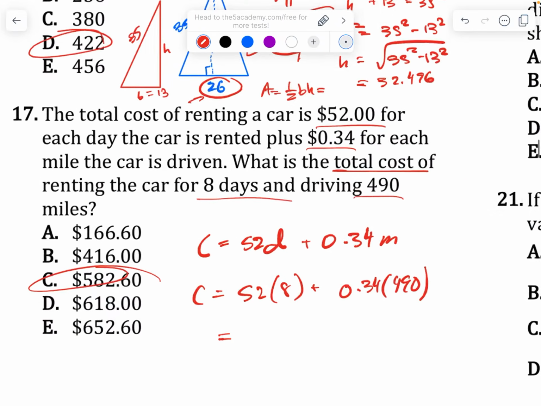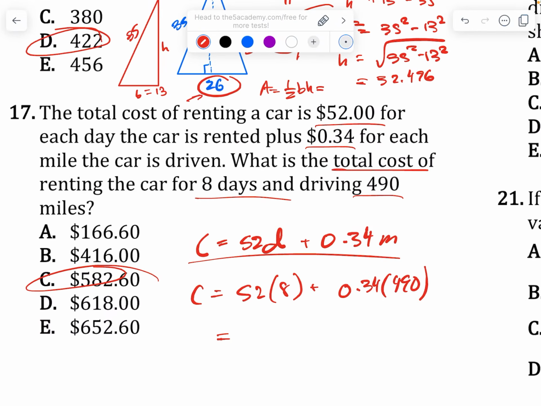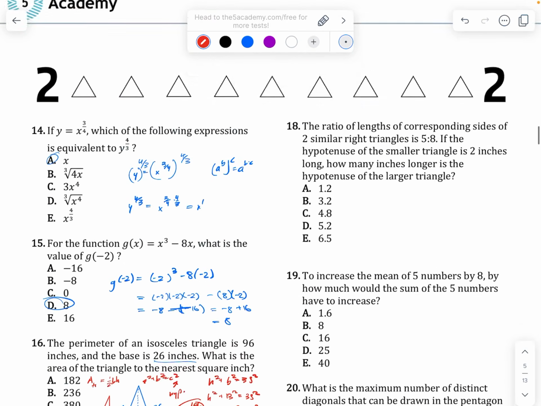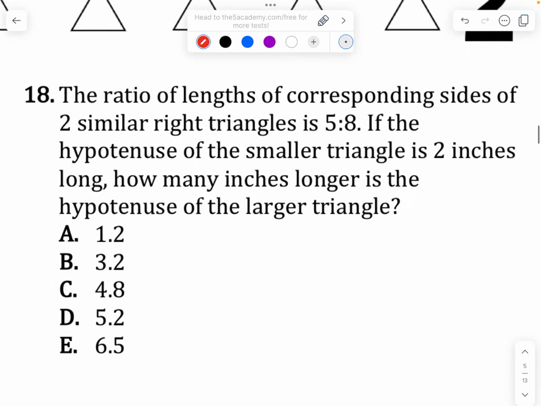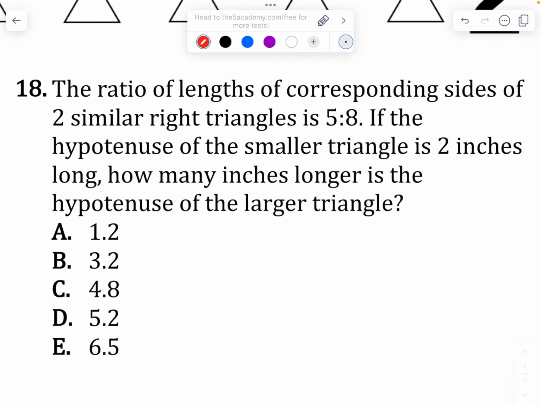So this is all about just setting up a good equation. You can just use your rate. So you know you have a rate here, multiply by the number of days. You have another rate here, multiply by the number of miles. And then add that together. That's your cost. So it's just taking a word problem like this and moving it to actual numbers to define it is really what's tested.